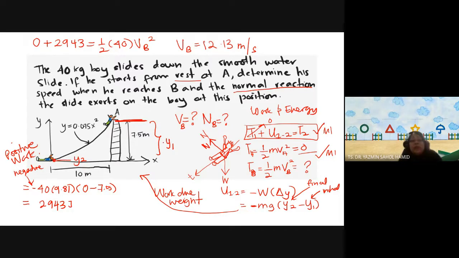At this position, that is at B. Okay, let's go to the next slide. So when she reaches point B, she is lying down, right? Okay.